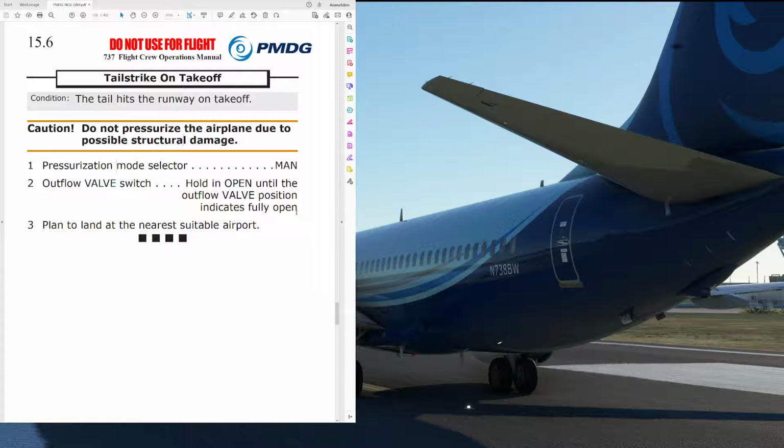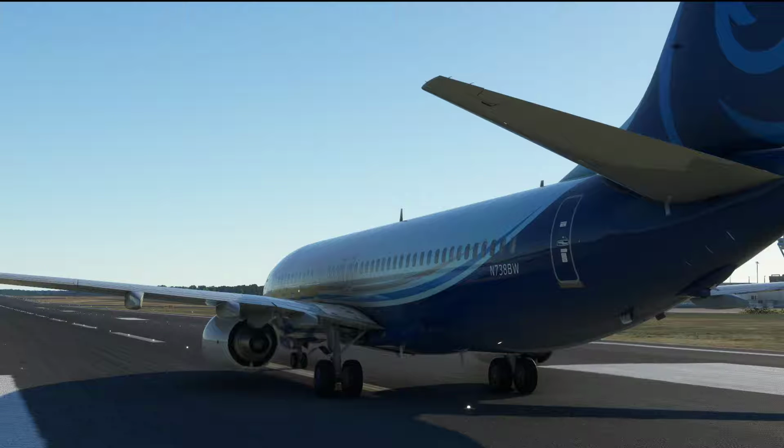So a slow descent at maybe 500 to maximum 1,000 feet a minute might be necessary afterwards when flying your airplane back to the departure airport, or when landing at the nearest suitable airport. So that's something you take into account when you're executing this particular checklist.